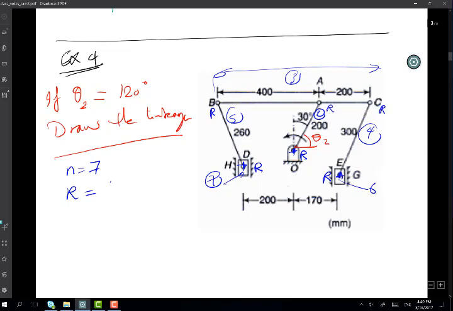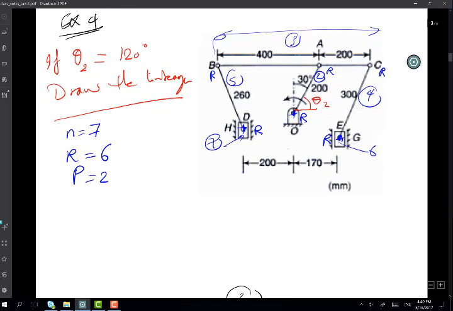So I have R equal to 6. I have 2 prismatic joints, that's a prismatic joint, another prismatic joint. Then when I calculate my degrees of freedom, I have 3 times (7 minus 1), minus 2 times 6, minus 2 times 2.